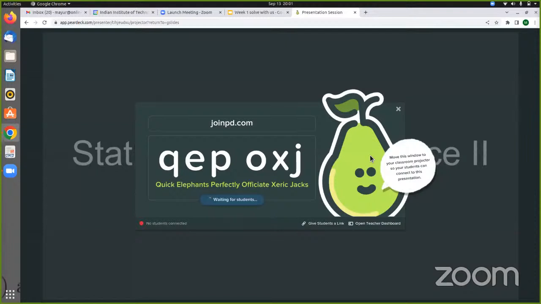So go to joinpd.com in your browser. If you are using a desktop, laptop, or mobile, you can also go to joinpd.com and then use this code to enter into Peerdeck. The code is QEPOXJ.